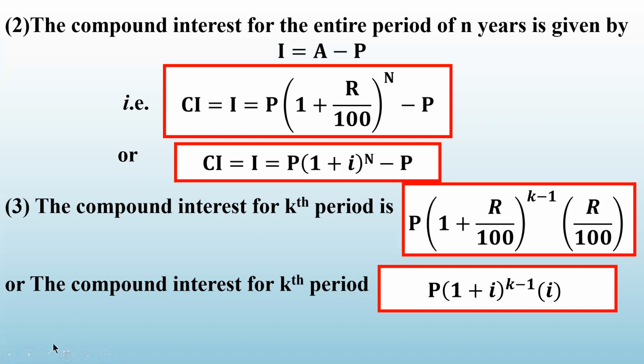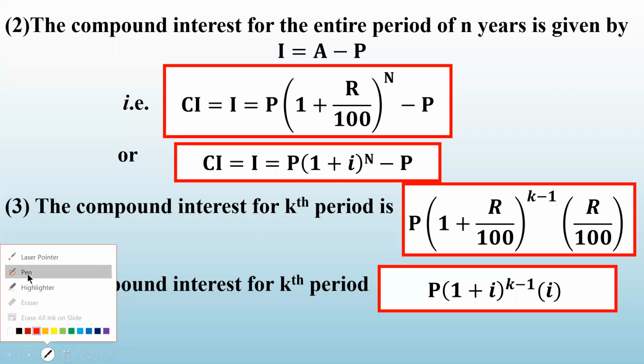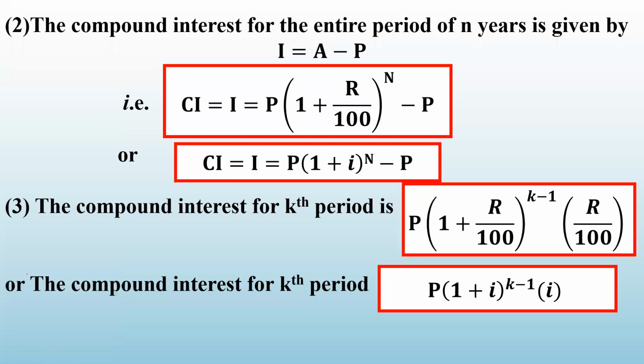For example, if you want to calculate the compound interest for the second year, it will be the interest on the amount of the first year.